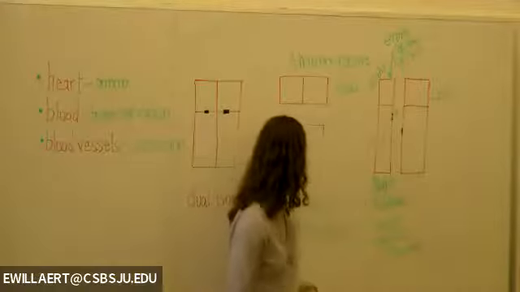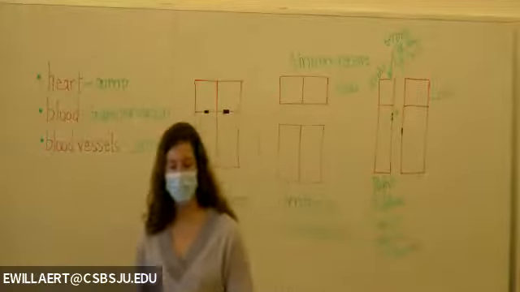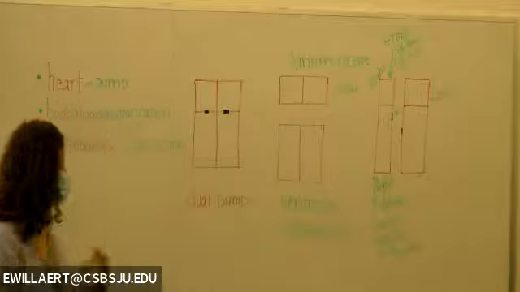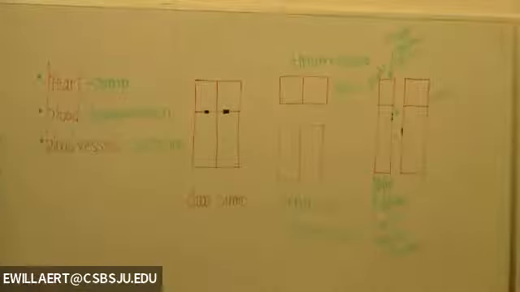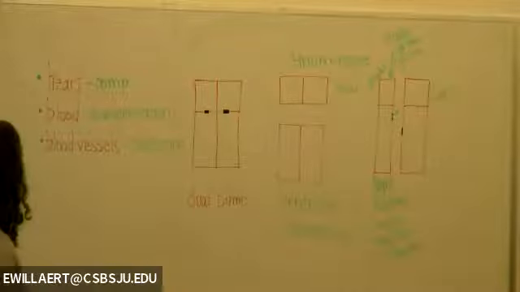All right. So from there, that blood's going to get pumped up. It's going to go to our lungs because it's going to pick up more oxygen and drop off carbon dioxide.